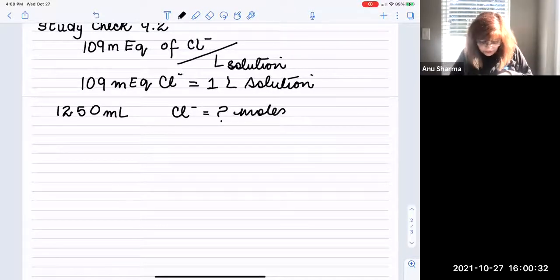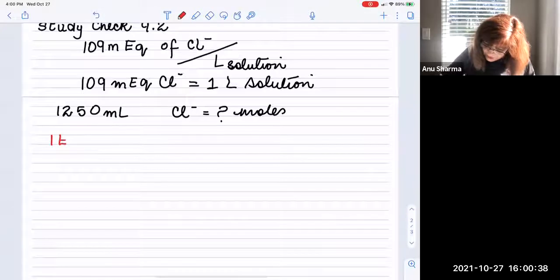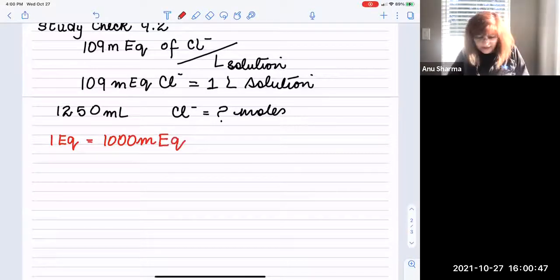Okay, so how do you do this? First thing you should know is a very simple thing, that 1 equivalent of anything is equal to 1,000 milliequivalent.